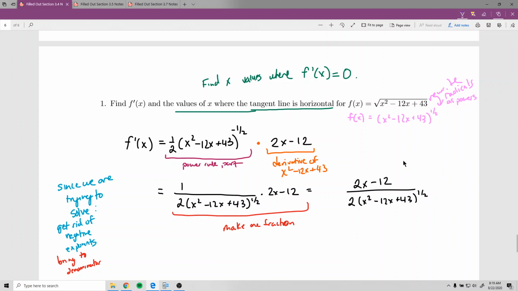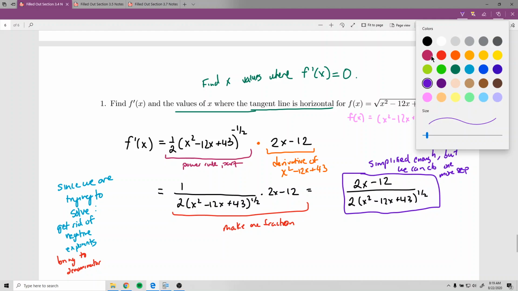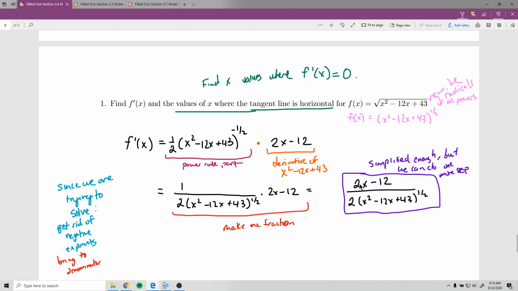Now there is one thing you could do. This is entirely optional. This is simplified, but if you want to factor the 2 out of the top and cancel it with the bottom, that's fine as well. So I'll say this is simplified enough, but we can do one more step. And that one more step is to factor the 2 out of the top.